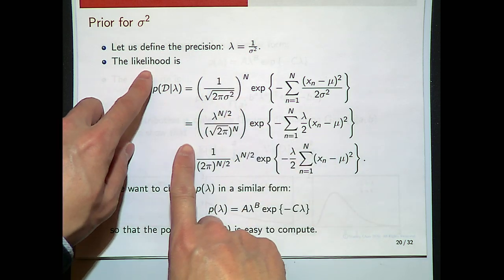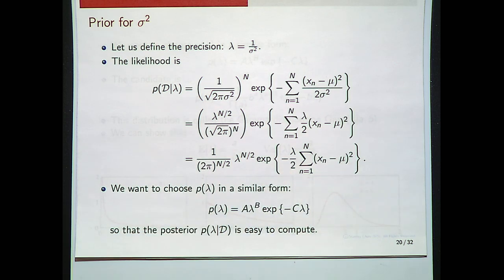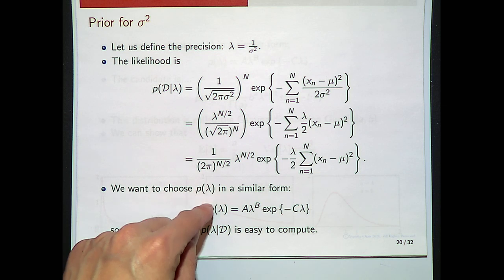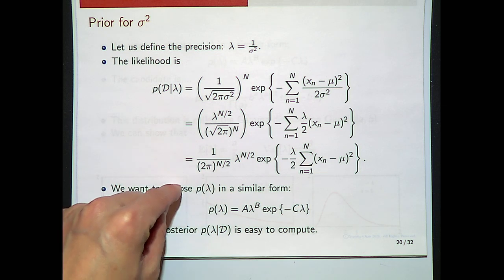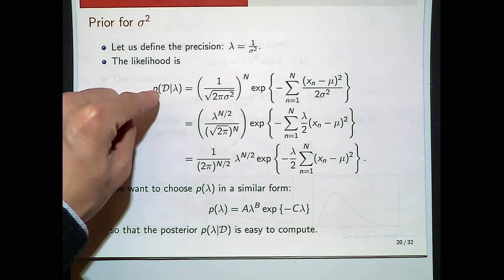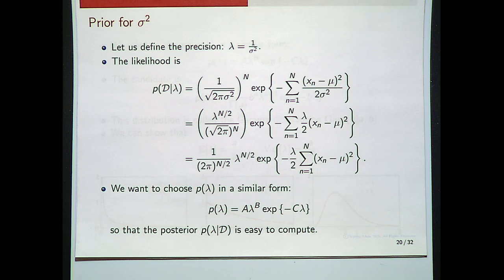So I want to find the likelihood in terms of lambda. It's in this format. All right, so what kind of prior should I choose so that when I multiply my prior, p of lambda, with this likelihood, p of D given lambda, it will stay in the exact same form? Not necessarily the same numbers, but the same form. You recognize this.